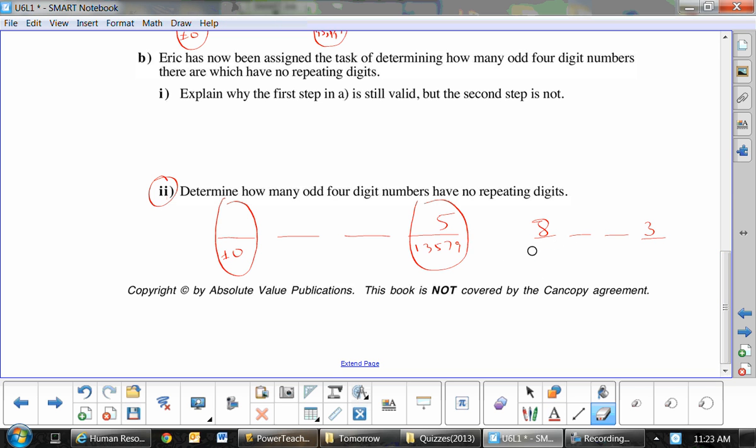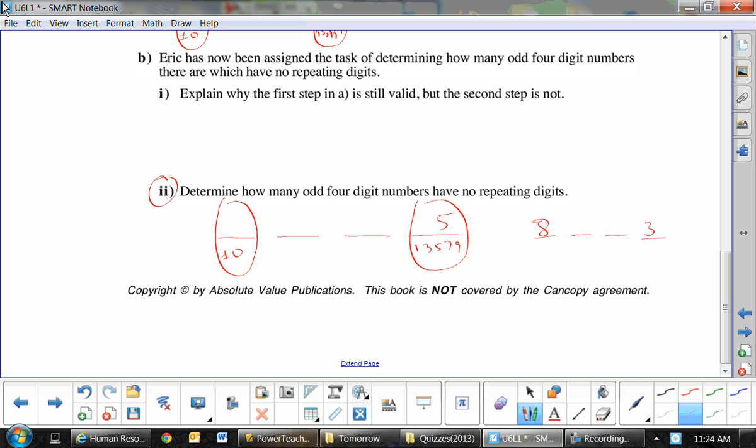You do your restrictions first. If you do your restrictions first, now I can't have 0 and I can't have the last number. Two are taken. That's all I'm saying. 1 is taken and I'm not allowed to use 0.